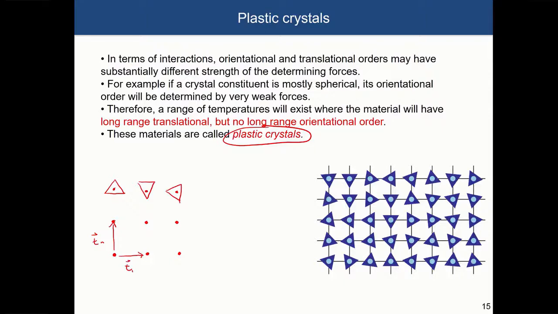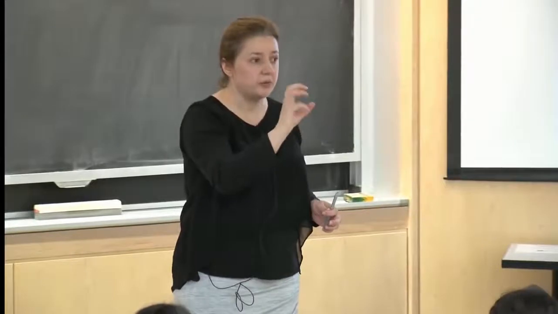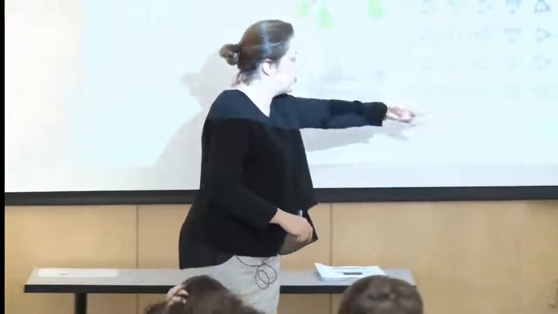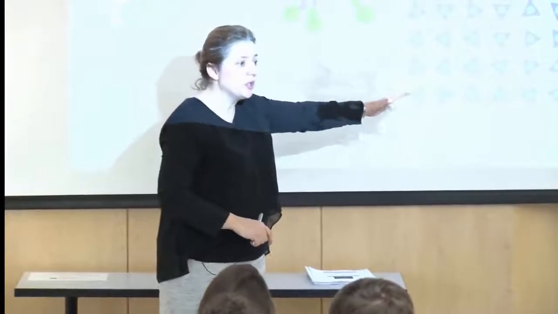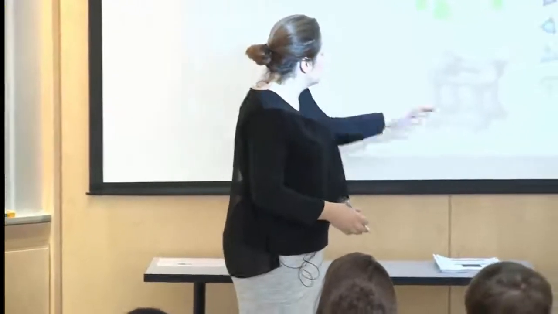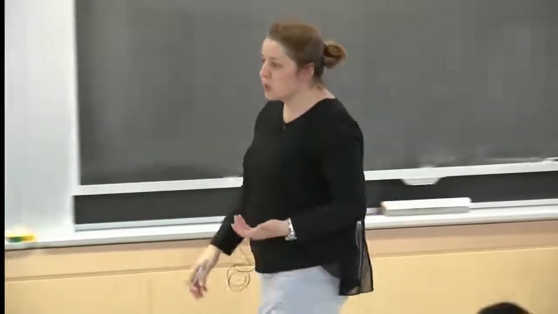Typically these materials have a spherical type of shape, which means they can very easily rotate around their axis. They are confined in space by the presence of other molecules in this plastic material, but they can rotate around their lattice point. So if I take this molecule and position it here, the neighboring molecule can have a completely different orientation.